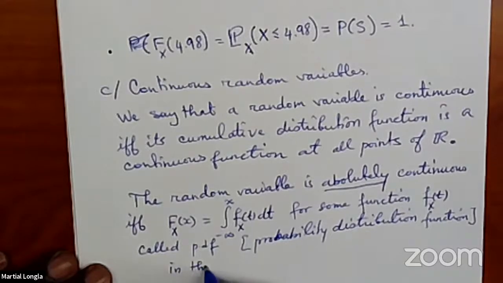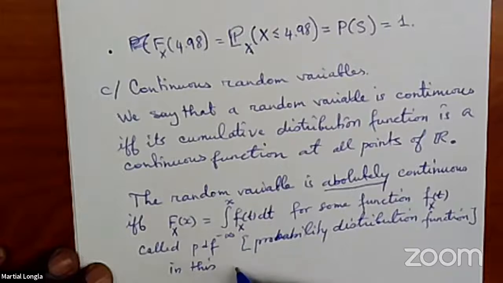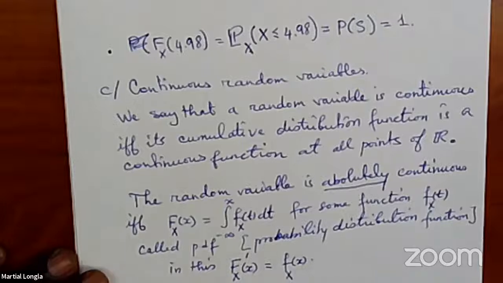In this specific case of absolute continuity, the derivative is equal to that probability distribution function.